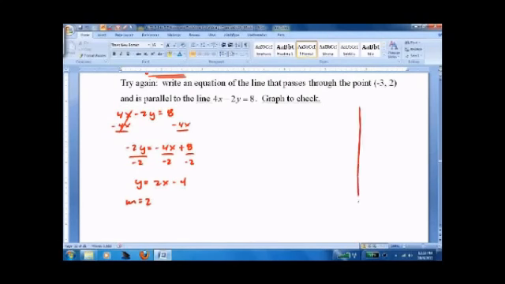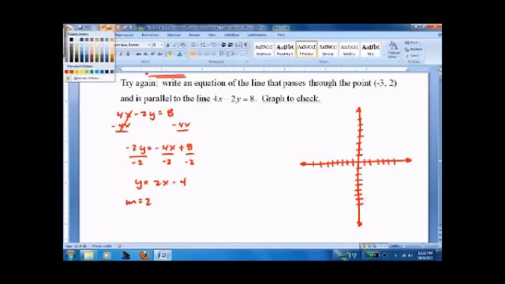Let's graph that real quick. We're going to graph a parallel line to it. We'll put that line in green again.